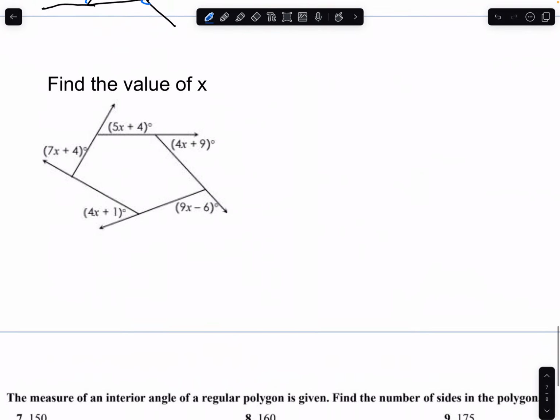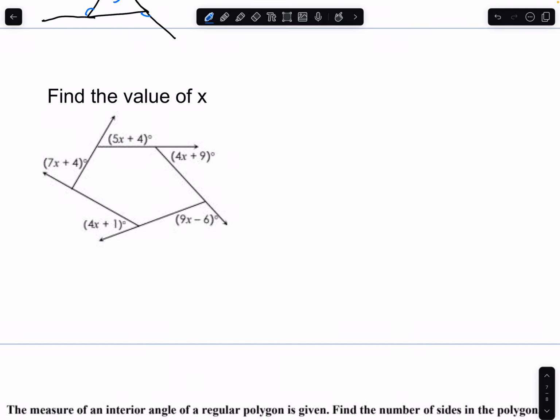So now notice how in this picture, I have a lot of exterior angles. This exterior angle is 7x plus 4. This angle is going to be 5x plus 4. This angle is 4x plus 9, 9x minus 6, and 4x plus 1. This is not a regular polygon, so I know that all the angles on the outside are not congruent.